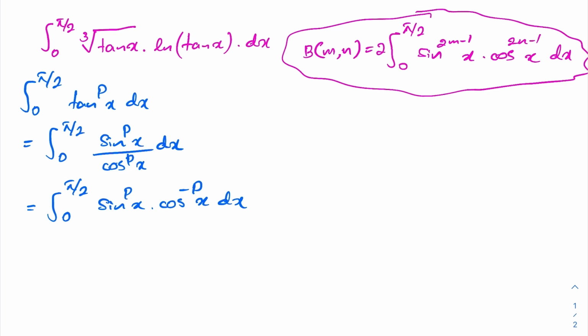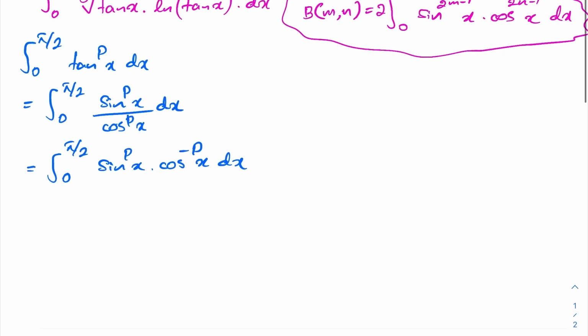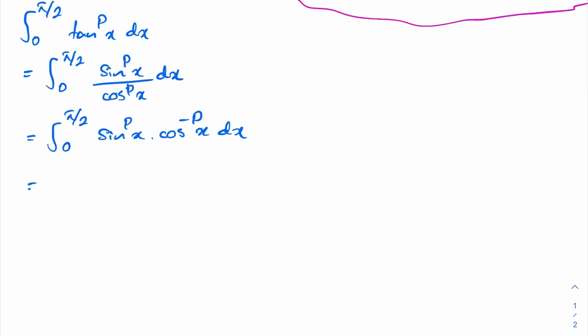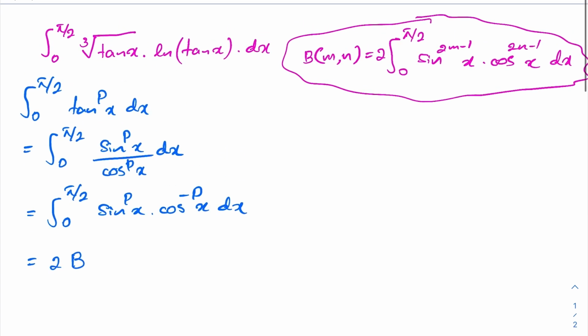So now we can write our integral is equal to 1 half times beta of m, n.